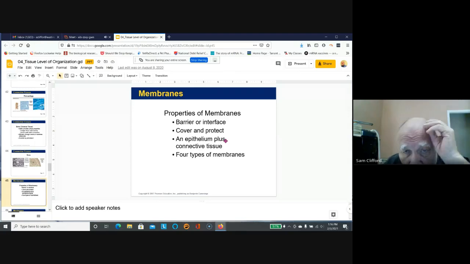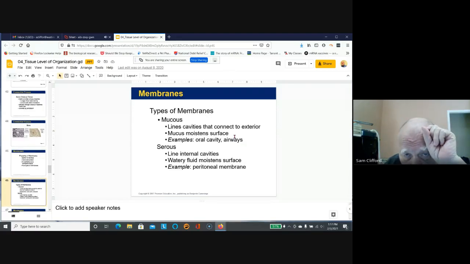Now we're going to talk about membranes that line the cavities in our skin. Mucous membranes secrete mucus. They're found in the oral cavity and the airways. Serous membranes cover the lungs, the heart, and the body cavity.